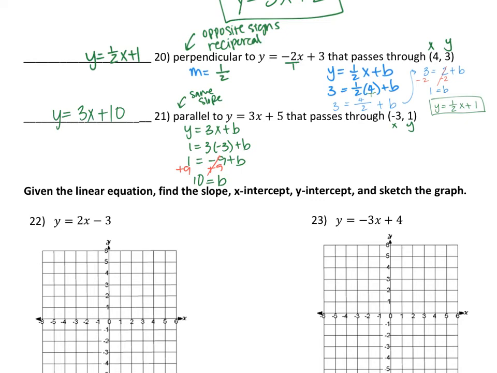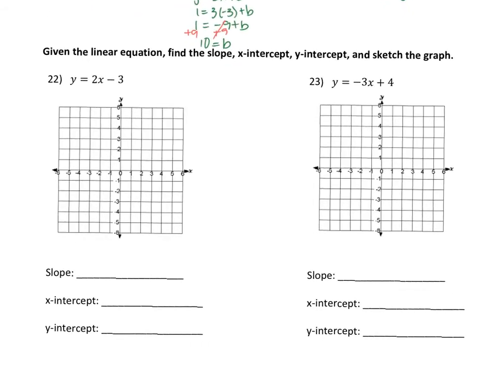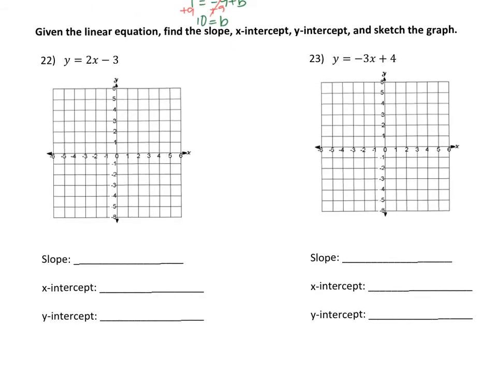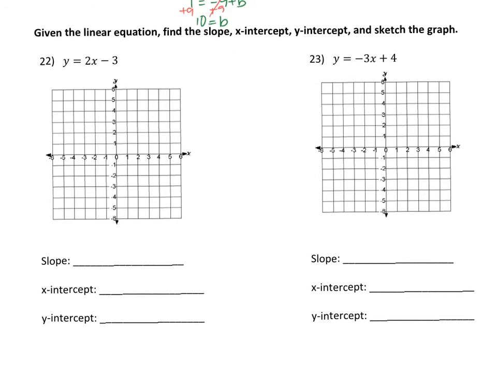All right, let's head into our final two problems here, talking about looking at slope-intercept equations, being able to graph them, and then stating the slope and the intercepts here. So first off, let's identify the slope. That's the easiest here. So my slope here looks like it is a 2. So just put 2 here.